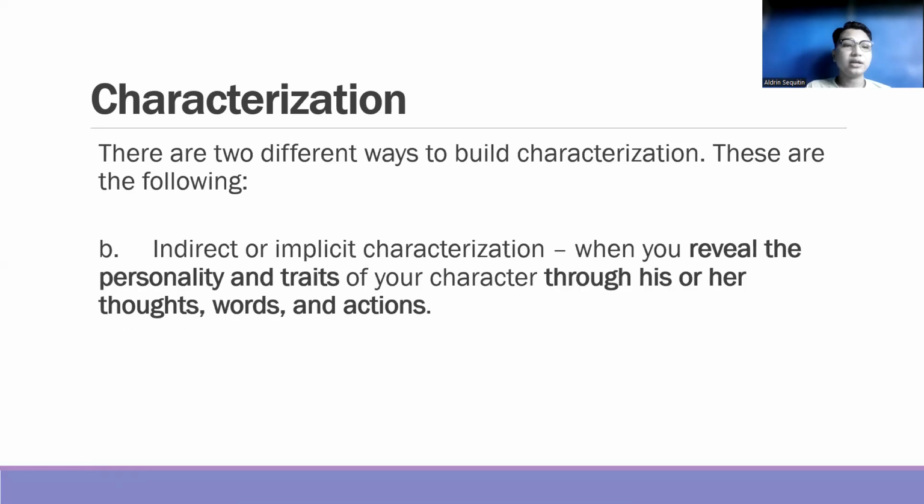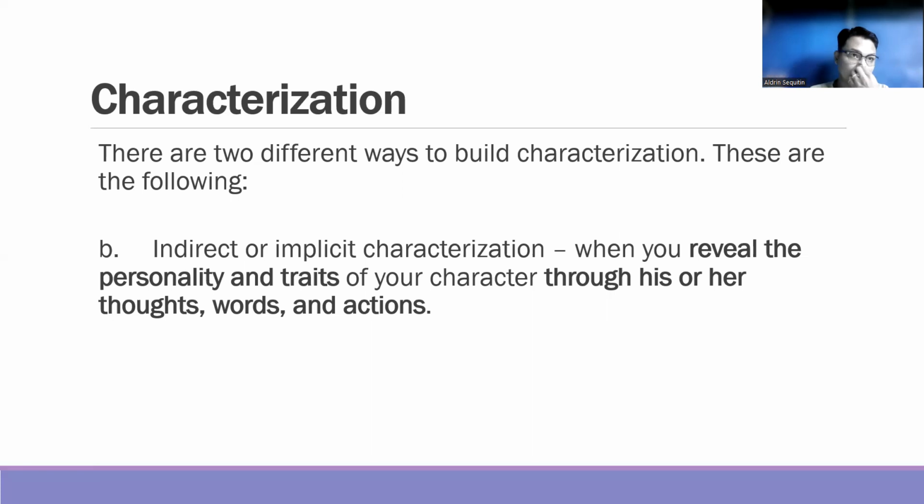On the other hand, we also have indirect or implicit characterization. In this kind of characterization, you are revealing the personality and traits of the character through his or her thoughts, words, or actions. You are not directly telling that the character is like this or like that. You are describing them through their actions, through the words they are using, the way they are thinking.